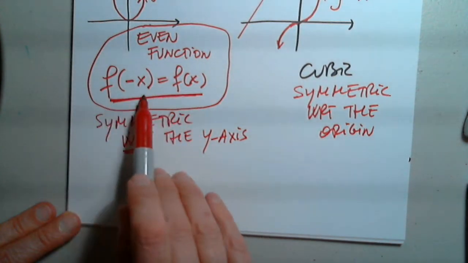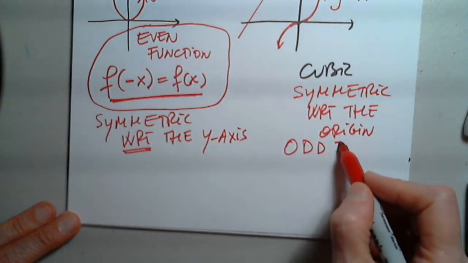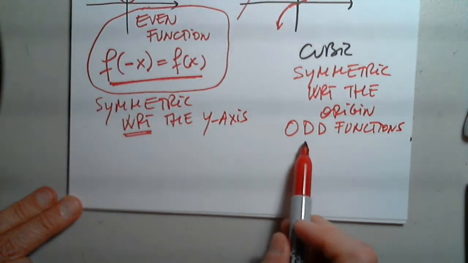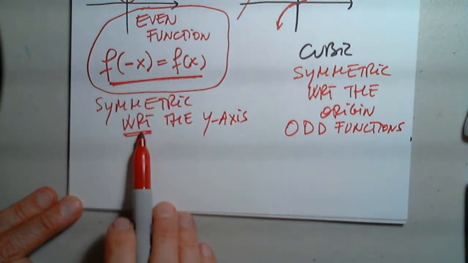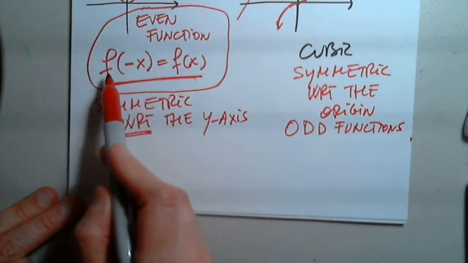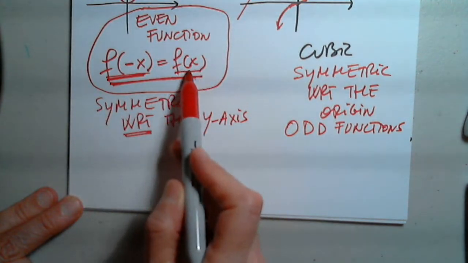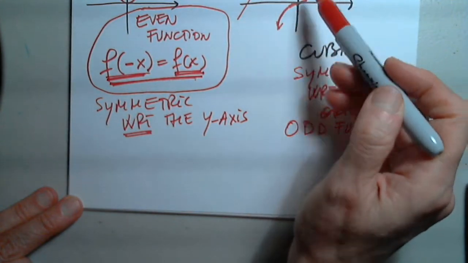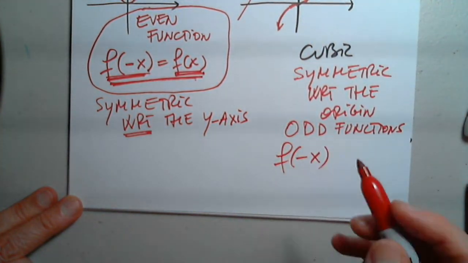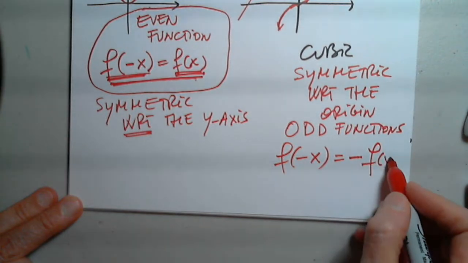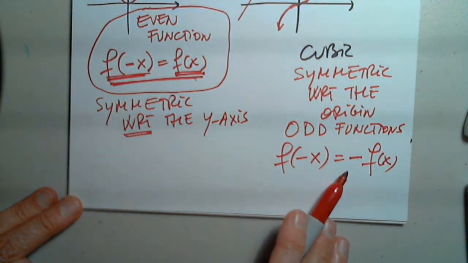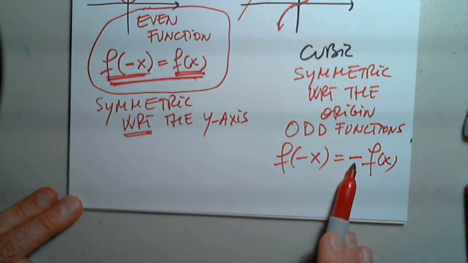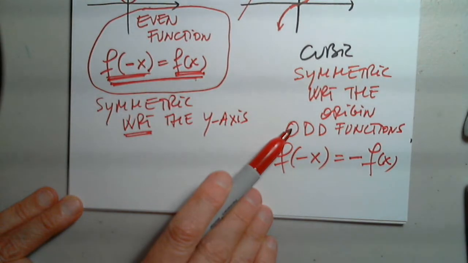A very similar condition for what is called odd functions. It has nothing to do with odd numbers. This one is called even. It's symmetric with respect to the y-axis, and this is the relationship between f of negative x and f of x. For this, it's opposite. F of negative x is the opposite of f of x. Very similar. It's just that this one has plus for even in front of it, and this one has minus for odd.